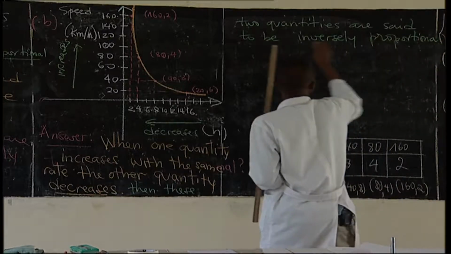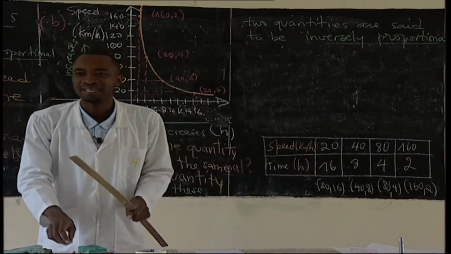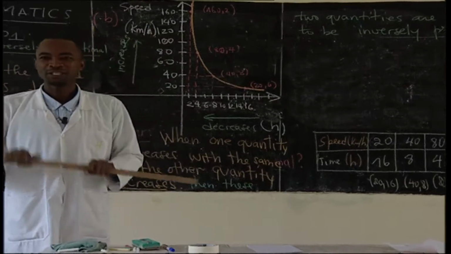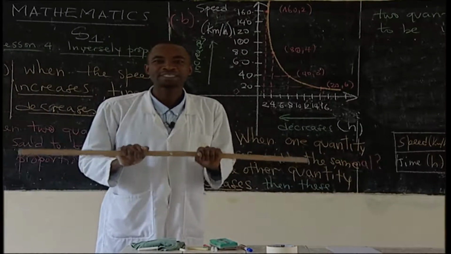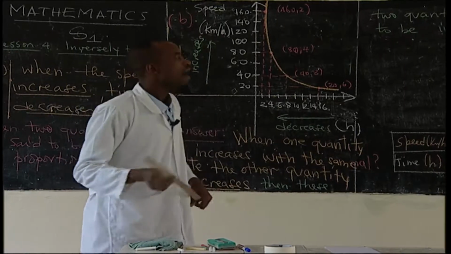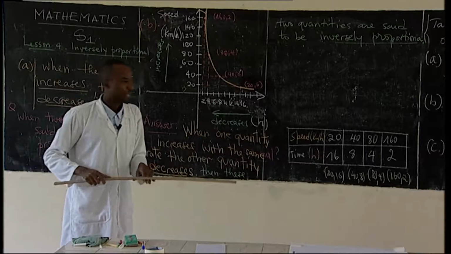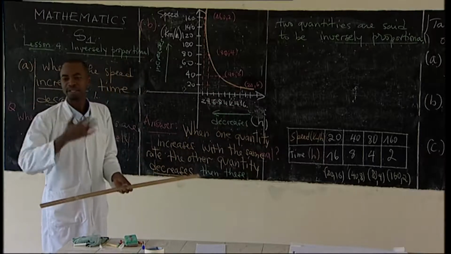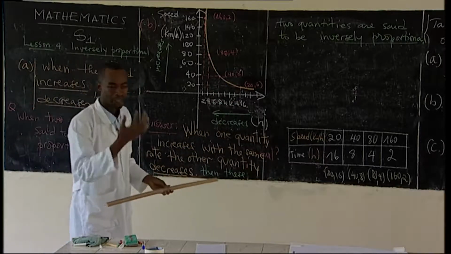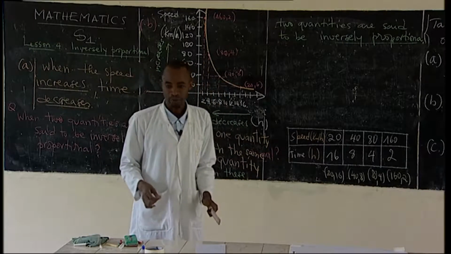Inversely proportional. This is actually the purpose of our lesson of today. We wanted to know when two quantities are said to be inversely proportional. I have a homework for you. You want to now write it down, and then with time we will come up and summarize, and we understand again when two quantities are said to be inversely proportional.